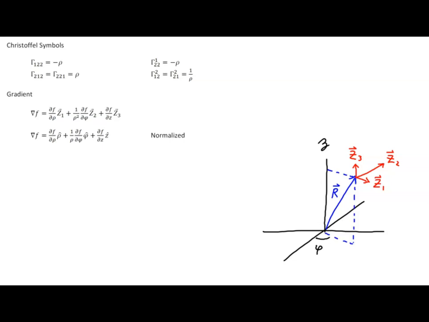So this time, to find the expression for the position vector, we'll construct a vector going up this way, which will have a length of z and points in the direction of the z3 basis vector. And then we have another vector that moves out this way. It has a length of rho, and it points in the z1 direction.